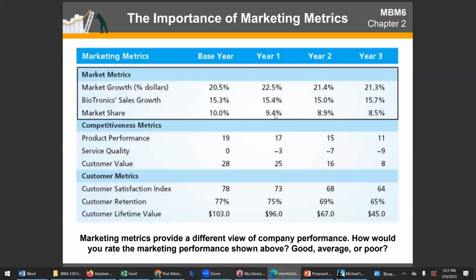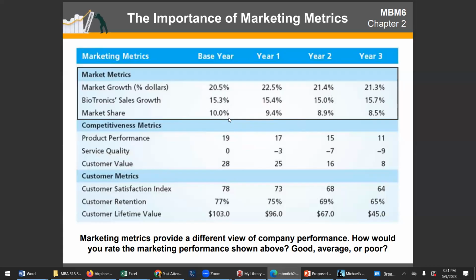Our market share in this hypothetical example slips from 10 to 9.4 to 8.9 to 8.5. So, absent this market share line, you would say, well, we're kind of hanging in there.